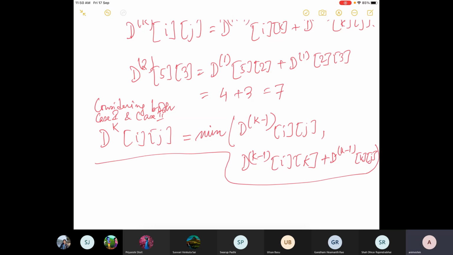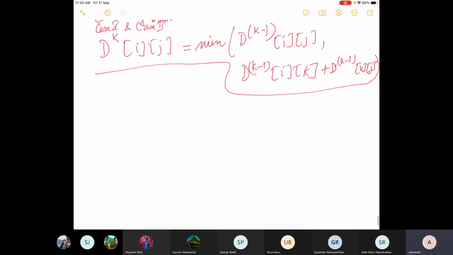Once you are done with the recursion, it is very easy to write the pseudocode. For instance, suppose you want to find D2 5 4.